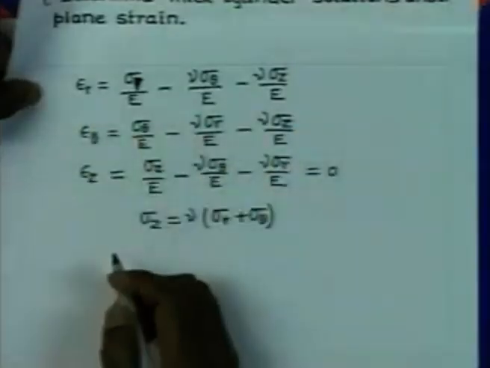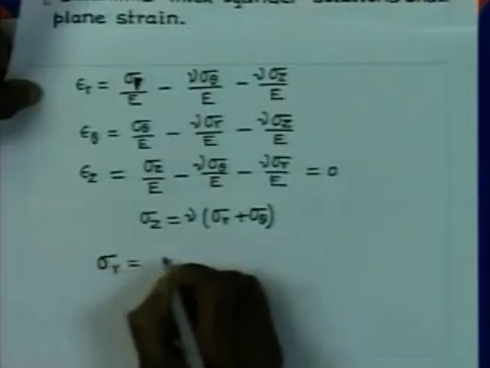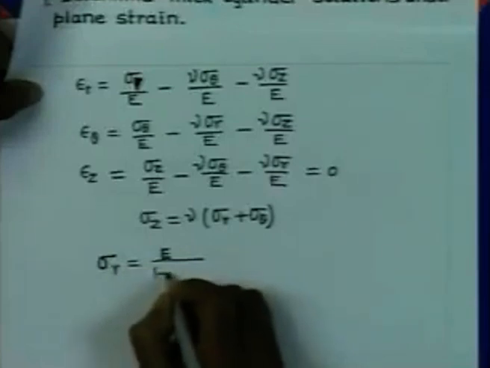And once you make use of it, then through inversion what you are going to find is that sigma r is equal to E by (1 minus 2 nu) into (1 plus nu) into [(1 minus nu) into epsilon r plus nu into epsilon theta].